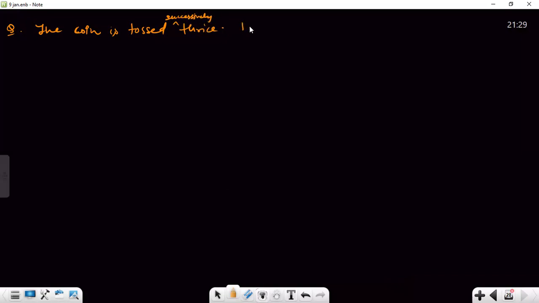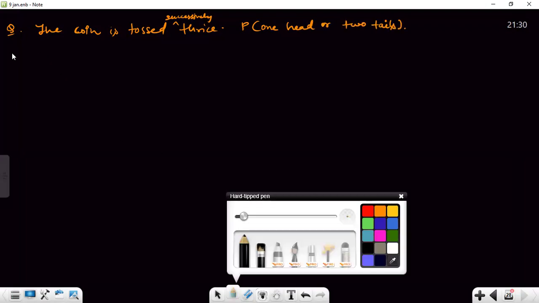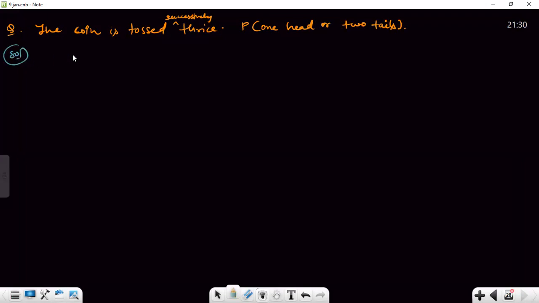We have to find the probability of getting one head or two tails. There are also multiple approaches, but let's start from the basic one first. Let's list the sample space.